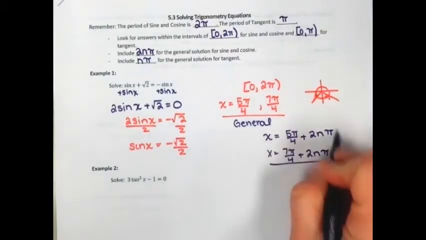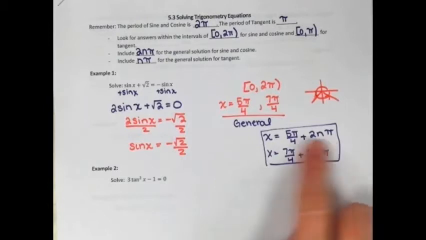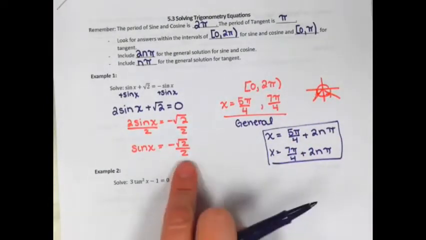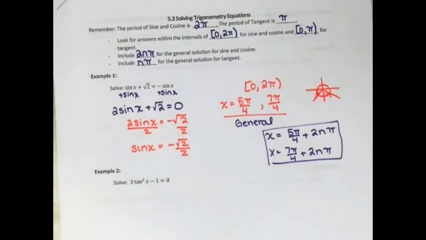So no matter how many times we keep following our sine curve, we add 2 pi to each one of these, it's going to keep giving us a solution when the sine of x is negative radical 2 over 2. Okay? Does that make sense to you guys?